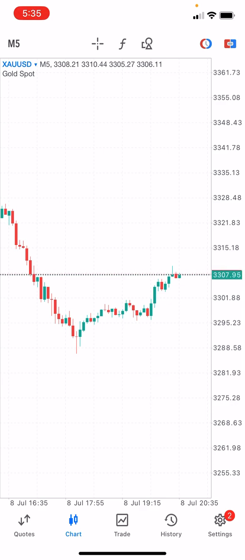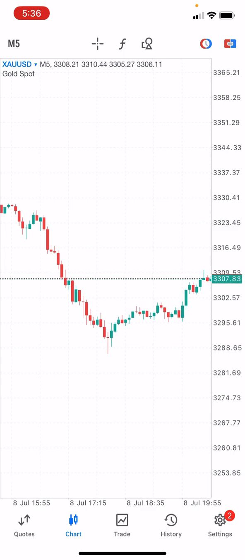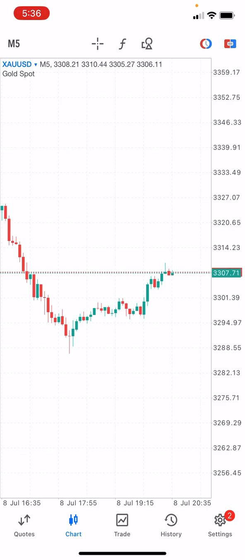The first point of this strategy is that it works best on the 5 minute time frame. Why do I choose the 5 minute time frame? Because it is a lower time frame where you can stay with the market to get an opportunity and get out of the trade before you put your phone down and look for something else to do.